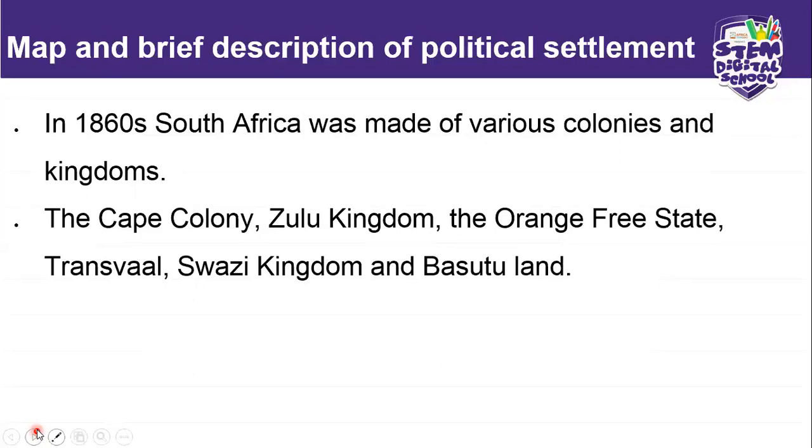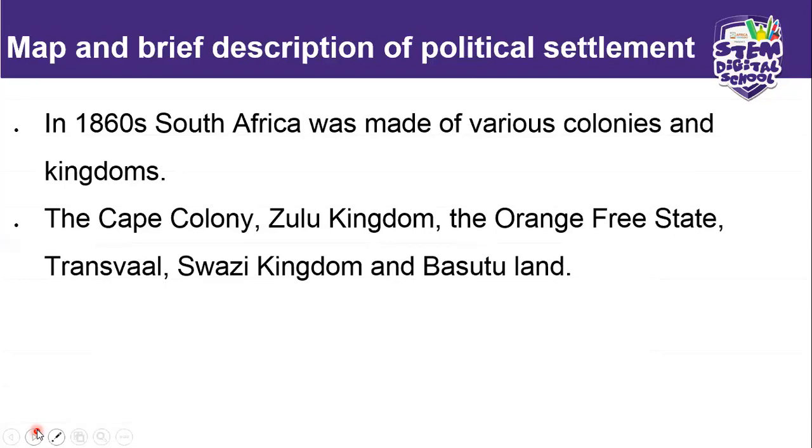For the brief description of political settlement, we're going to discuss just a few things. In the 1860s, South Africa was made of various colonies and kingdoms. So there were the following colonies: the Cape Colony, which is now Western Cape, Northern Cape, and Eastern Cape.